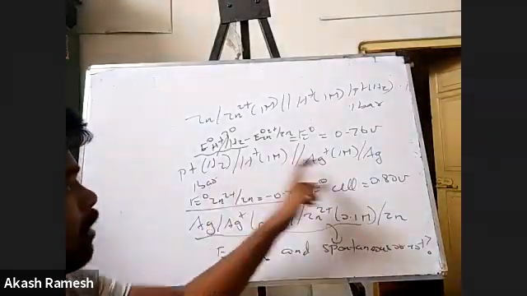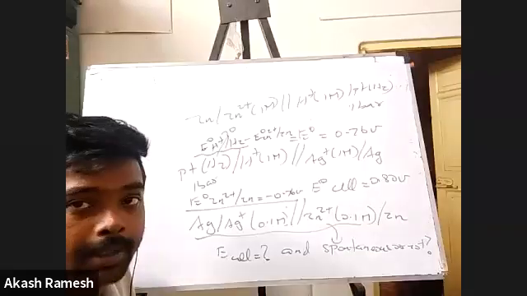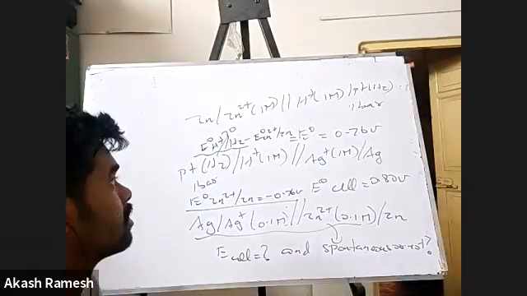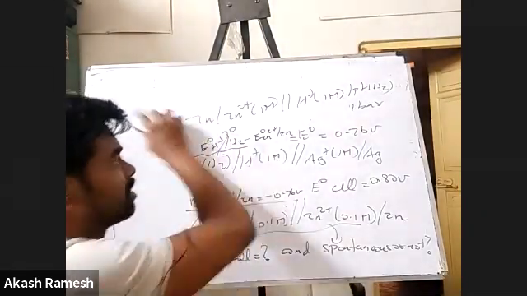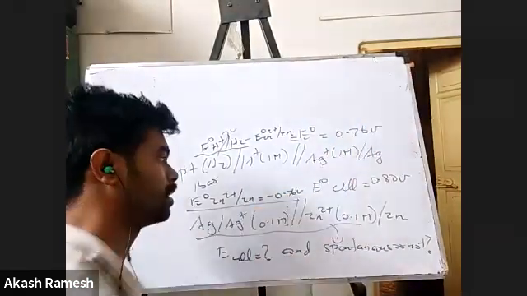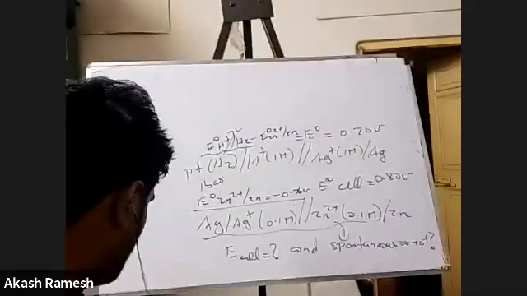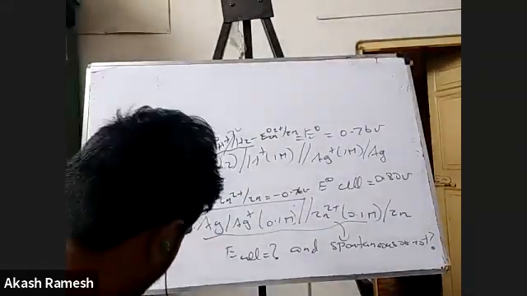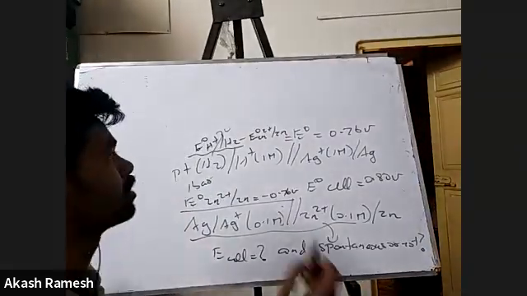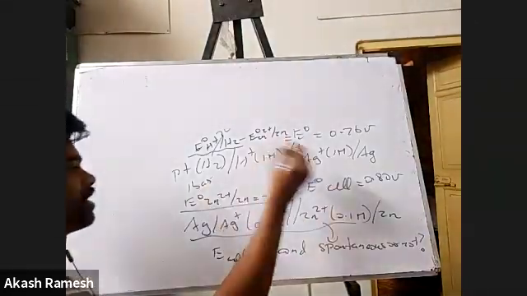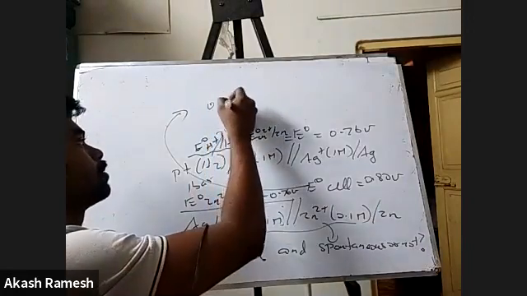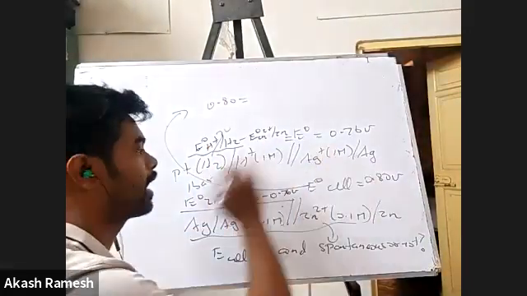Now let me calculate it for Ag. Let me see what happens. Okay, something fell down. So in this, if I write this E naught, my 0.80 is equal to E cathode minus E anode.